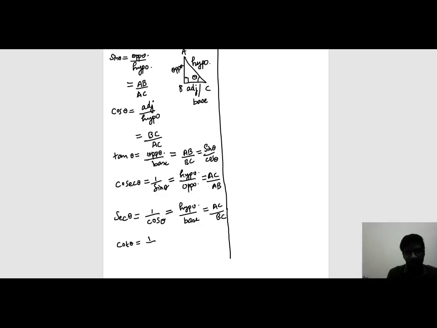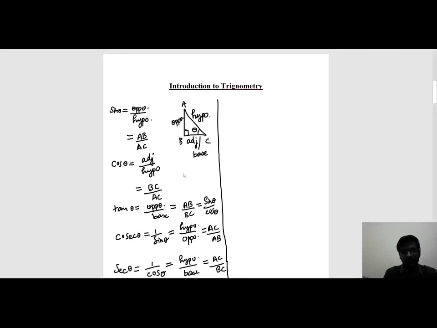Cot theta is equal to 1 by tan, as it is complementary to tan, or we can tell it as cos by sine. Cos by sine will be equal to base divided by opposite side, that is BC divided by AB. Alright. These are the ratios from the triangle, and this is the main definition of all the ratios. I hope this is clear.